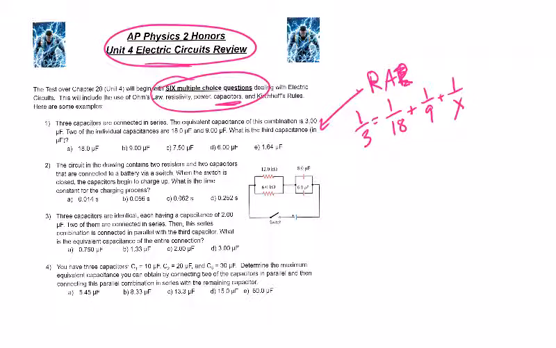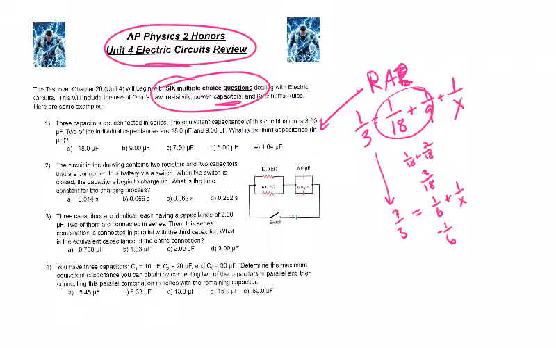Easy way to do that is let's combine these two together, 1/18 and 1/9. That would be 1/18 plus 2/18, so that would be 3/18, which is the same as 1/6. Plus I have a 1 over x equals 1 over 3. Just kind of drop that down. Now I need to get x all by itself, so I'm going to subtract this 1/6 to the other side.